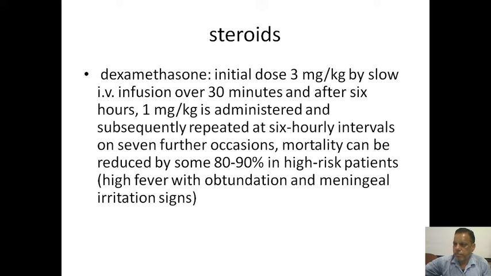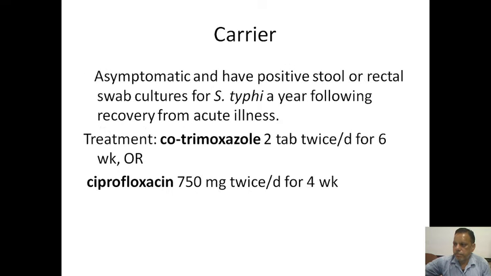Dexamethasone is typically used in this dose. What is more important for you is not the dose, but the fact that steroids can be used in conditions where the patient is sick. So typically, when there is neurological involvement or myocarditis, steroids are used.